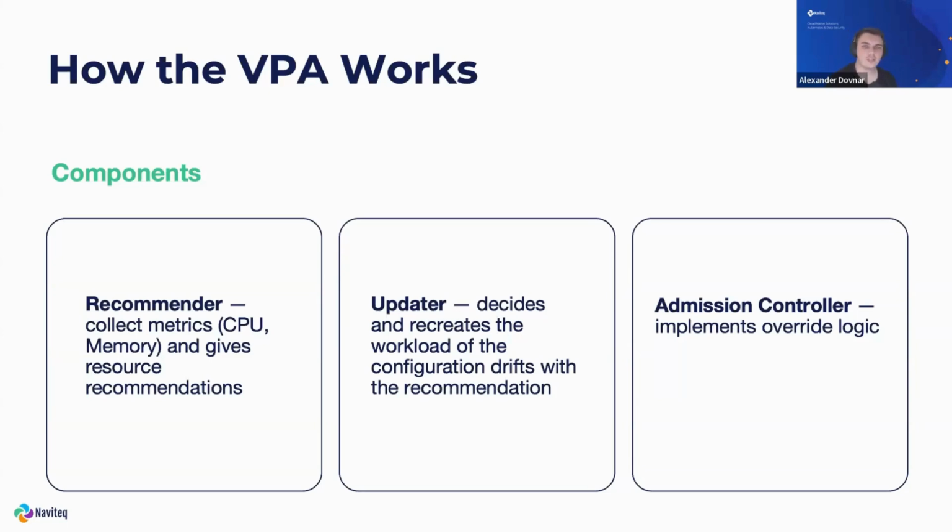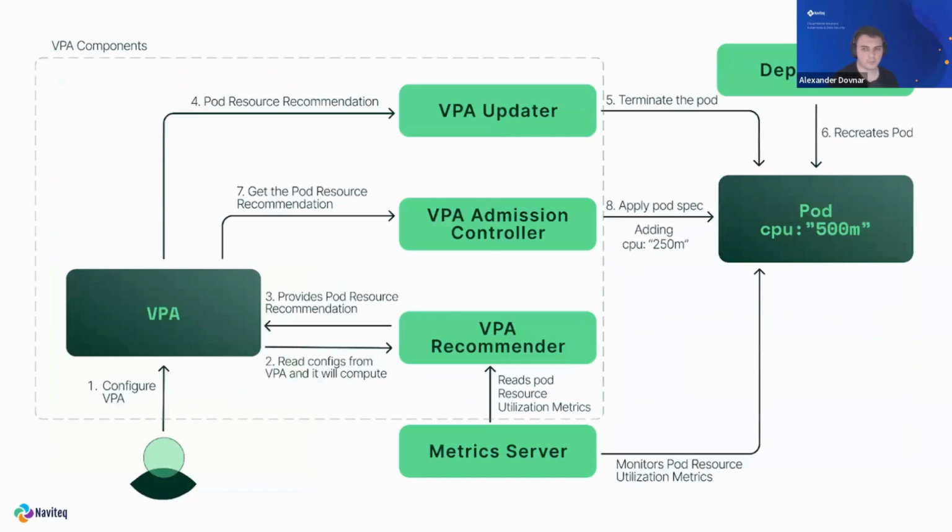Next component, the updater, decides how to proceed with this recommendation. And depending on the mode configured by you, it makes some changes in your cluster or doesn't do anything if the mode is off. And the admission controller is some kind of advanced functionality of Kubernetes, which helps the updater to implement the logic. The logic is really simple.